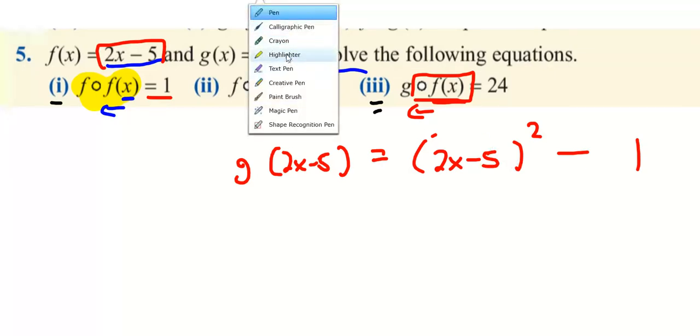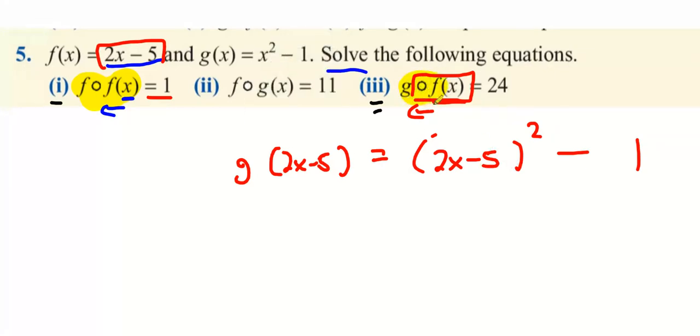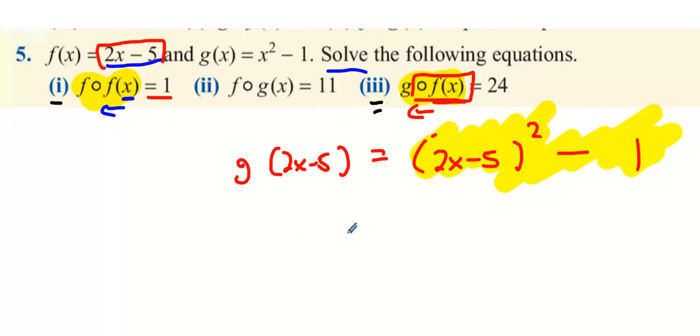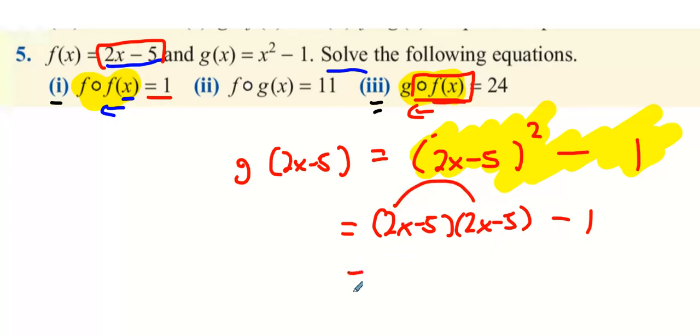Essentially, the answer to the yellow part of the question is all of this here. So next we're going to square that out into 2x minus 5 multiplied by 2x minus 5, and take away 1. Multiply that: 2x by 2x is 4x squared. 2x by minus 5 is minus 10x.